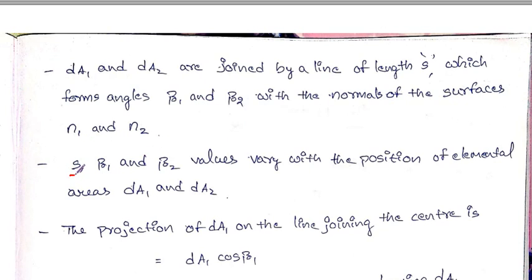S is the distance between the elemental areas dA1 and dA2. Beta 1 and beta 2 are the angles made by the line joining dA1 and dA2 with the normals. These three values may vary when the positions of dA1 and dA2 on the surfaces vary. Please listen carefully.